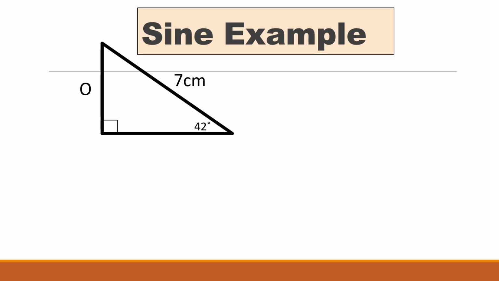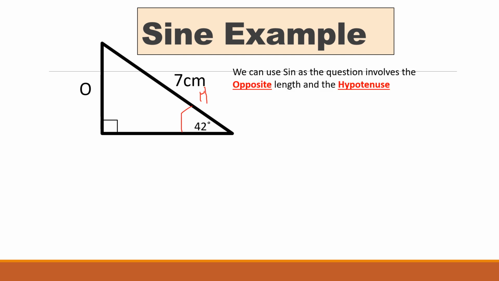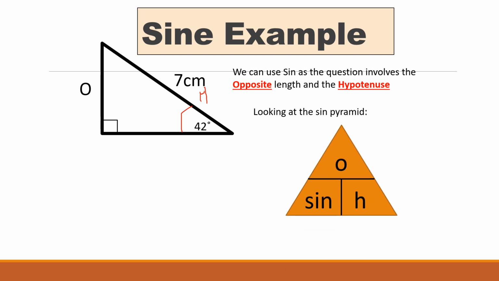So here's a sine example. We're trying to work out this length here. We've got the hypotenuse, and this is where my angle is, and that is my opposite. Because we've got the opposite and the hypotenuse, we look at the sine pyramid and write that down. Because I'm trying to work out the opposite, I will cover up the opposite.